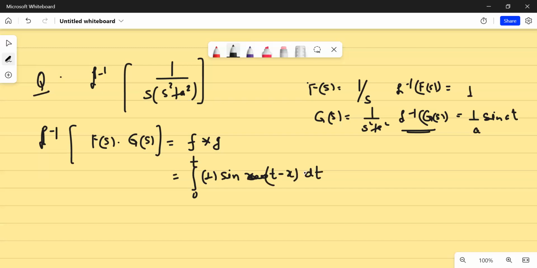If you remember, this was the convolution of f and g. So the convolution of f and g is simply this. And here, this integration would be simply cos of (t minus x) with a negative sign, from 0 to t.